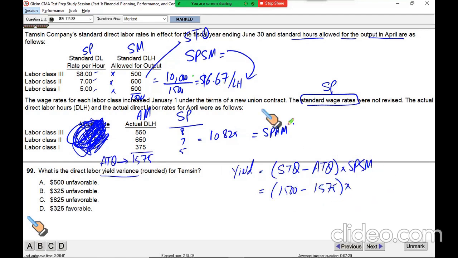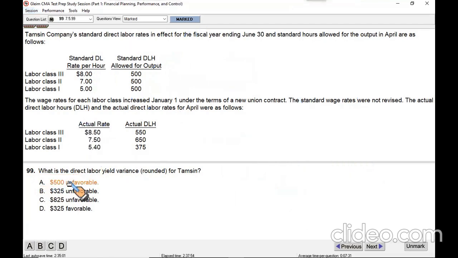SPSM is 6.67. Now, if you simplify, it is going to be an adverse variance of exactly 500 negative. It's negative, so that's why it's adverse and it's going to be A. I need these numbers, so let us not erase them.